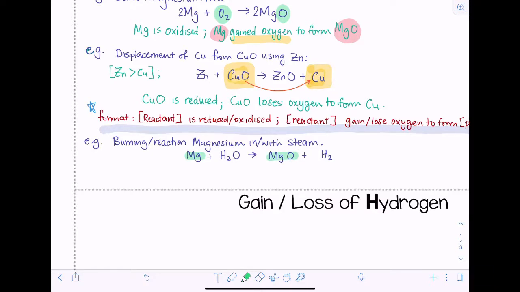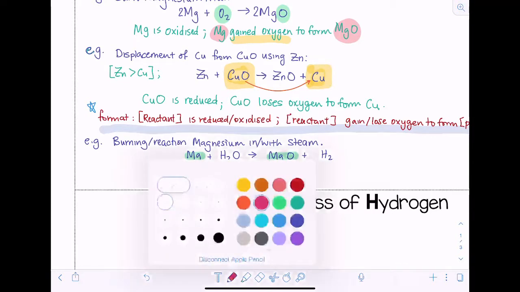Now you have noticed that magnesium, from Mg to MgO, simply implies that it has gained an oxygen. Which also means that magnesium, as a reactant, is oxidized as a result of this reaction. So let's write this down in green.